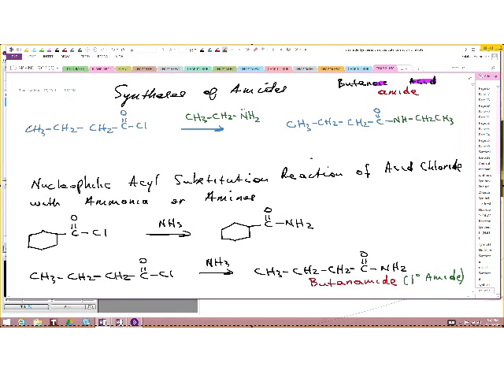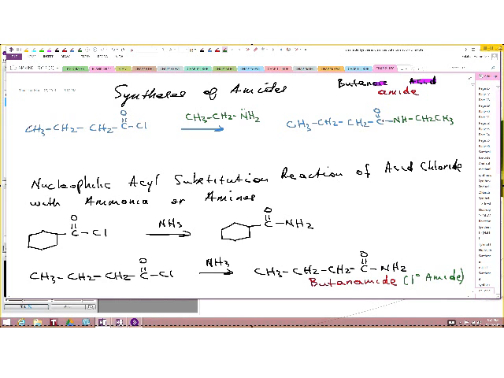Now, how do we name this? Once again, the name is derived from the name of the corresponding carboxylic acid. The base name will be butanamide.